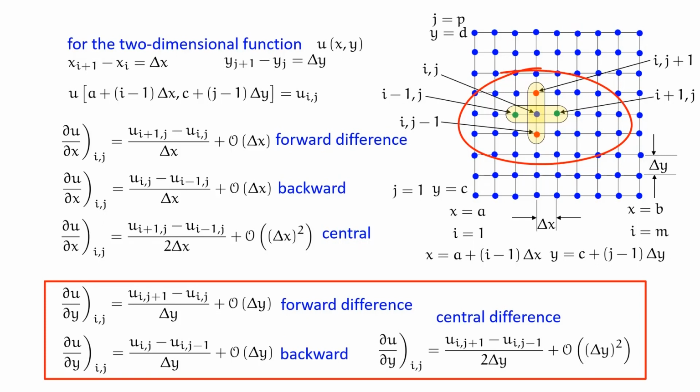So u(i,j+1) minus u(i,j) divided by delta y. In backward difference, we have u(i,j) minus u(i,j-1) divided by delta y. The central difference is u(i,j+1) minus u(i,j-1) divided by twice delta y.